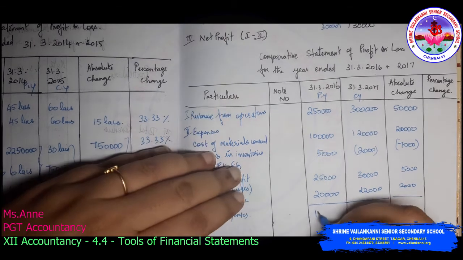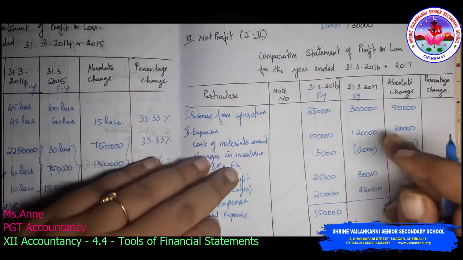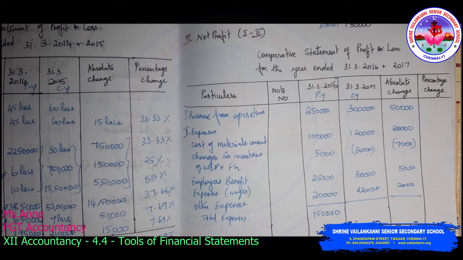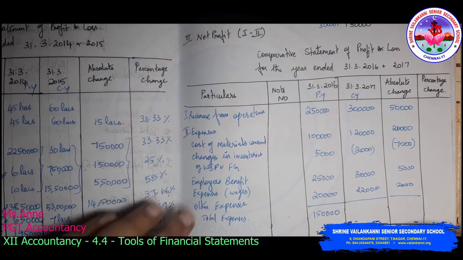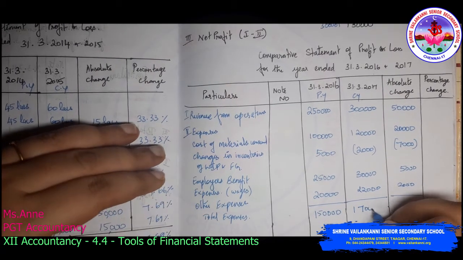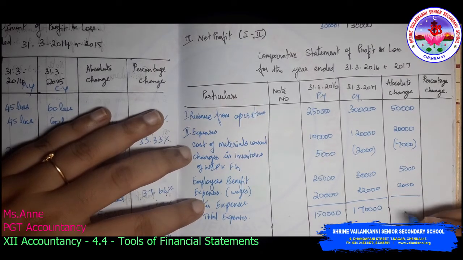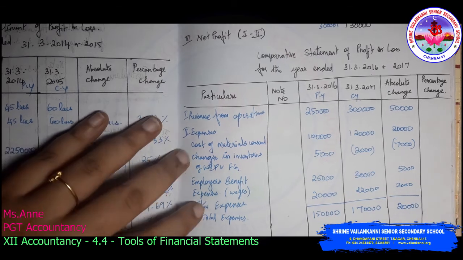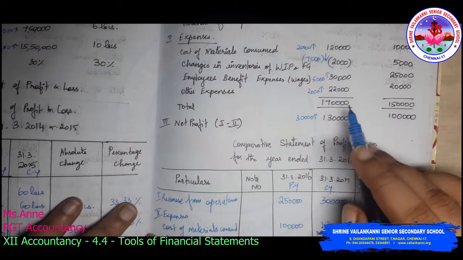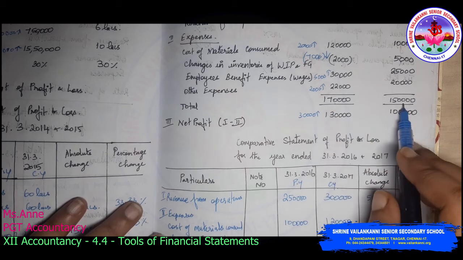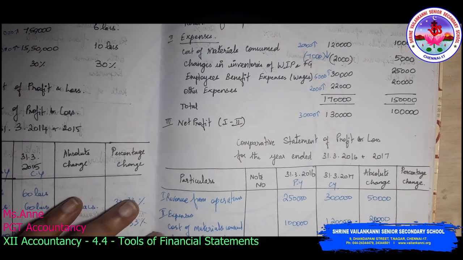So 1,50,000 here. 1,20,000 minus 2,000, add 30,000, add 22,000. So it is 1,70,000 here. The net change of expenses will be 20,000. Yeah, see, it's directly given in the question also. So 1,70,000 and 1,50,000, so 20,000.